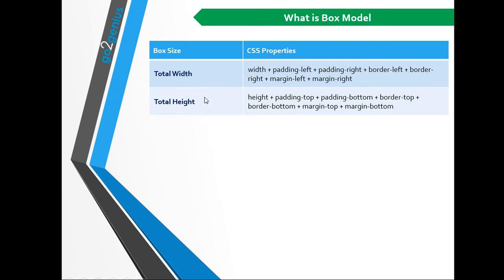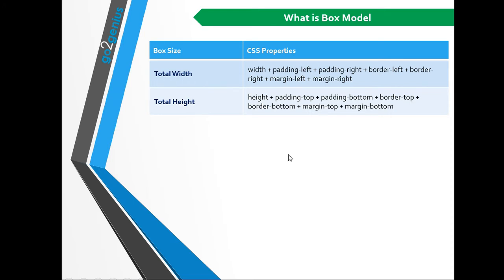Same as the total height is equal to the height we give in the CSS, plus padding top and padding bottom, and border top and border bottom, plus margin top and margin bottom. So friends, this is the formula. By using this formula we can calculate the actual width and height of an element which will be occupied by the element on the web page.